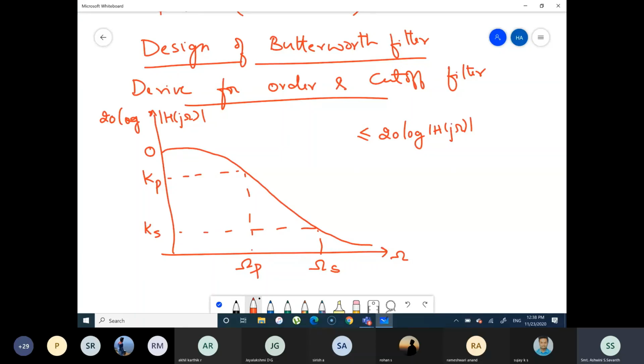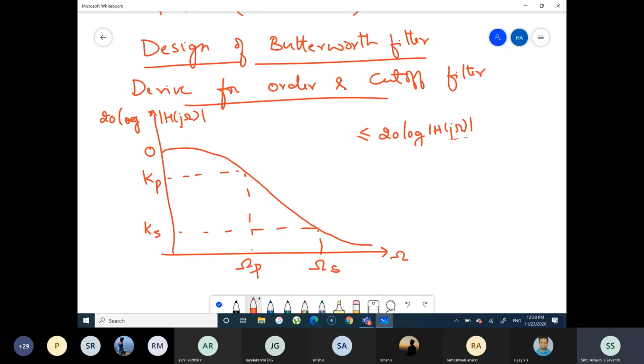That is the reason why we write the expression in the decibel scale. So previously when I had shown you the specifications, in place of this 20 log, we had just the magnitude of H of j omega, isn't it? Now I am writing 20 log because this is a decibel scale.